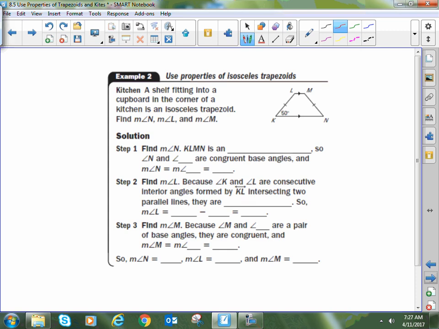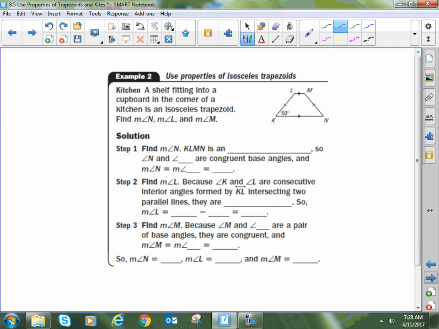All right. So let's see. What I want to look at here in this particular problem, again, try not to pay too much attention to the solution material as we go through it. Just pay attention to the information that's given to you in the diagram itself. See if we can think our way through the problem. So we have this shape for a kitchen shelf, and we want to know what are the measurements of the angles that are missing.